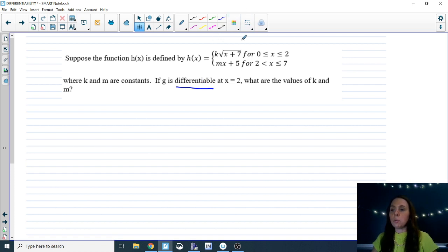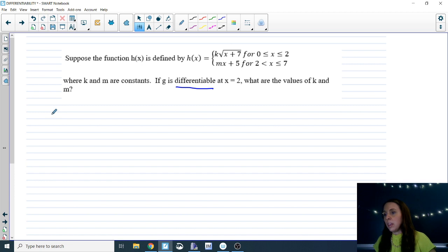So for a piecewise function, since 2 is a boundary point, you want to make sure that the value of the left-hand piece matches the value of the right-hand piece. We do already have our function value established with the equals here in the left-hand piece, and that will take care of the fact that this needs to be continuous.